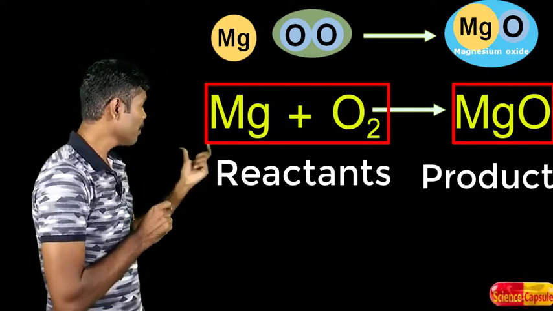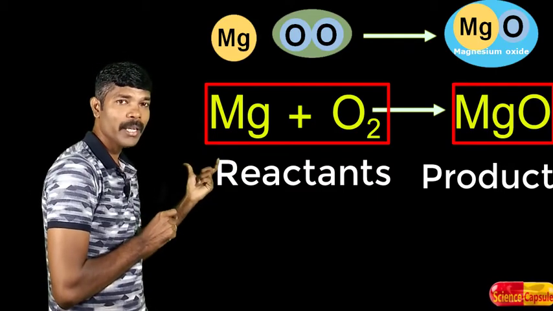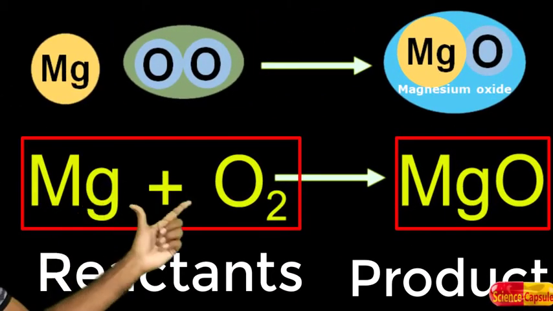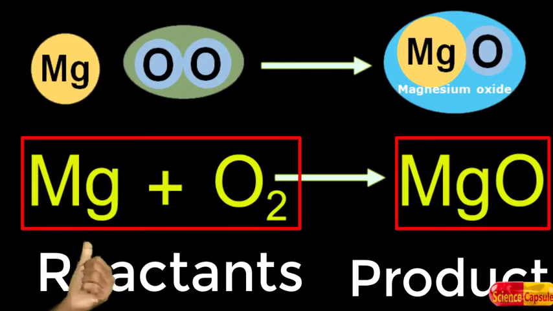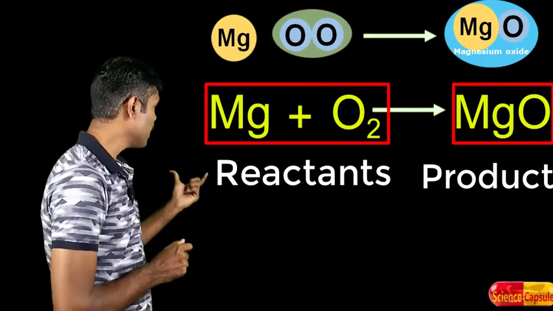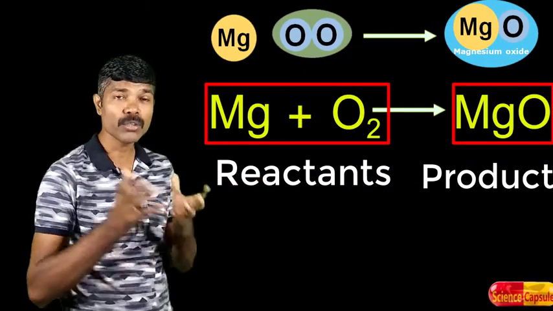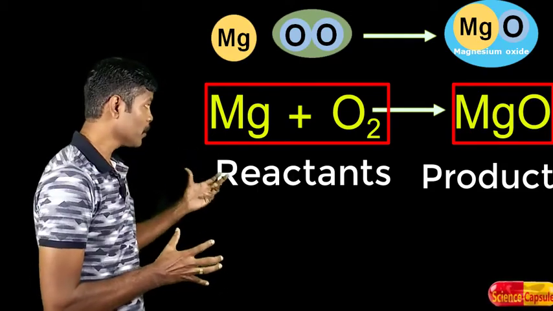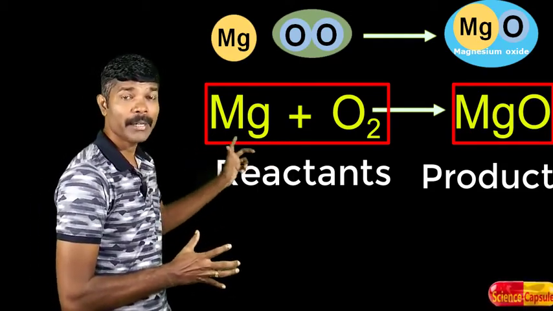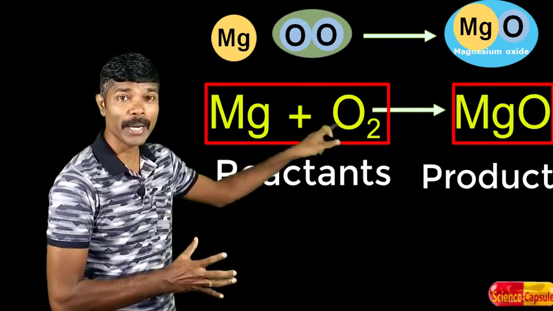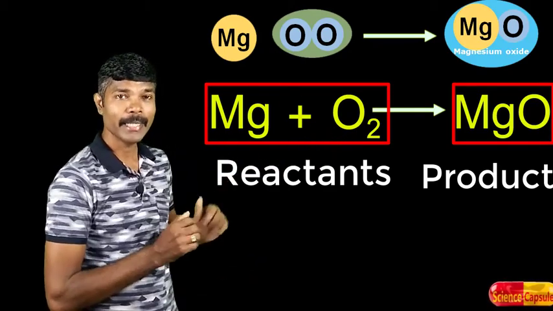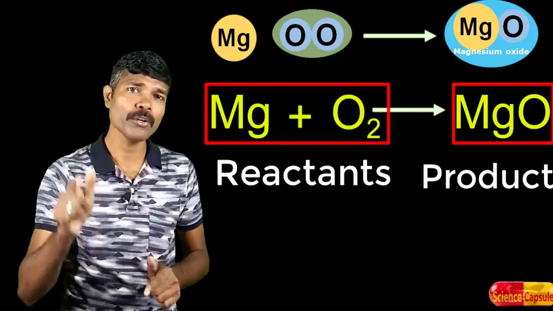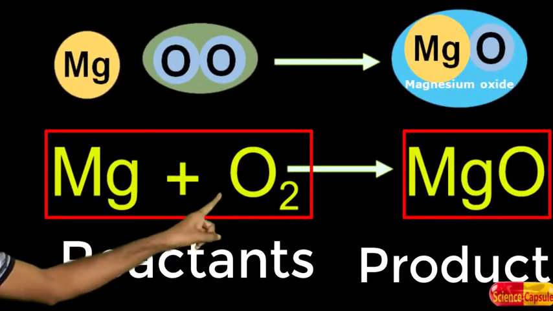Here magnesium and oxygen are reacting together and a product is formed on the other side. In this chemical equation, you can see that magnesium and oxygen are the two constituents undergoing chemical change. As a result of this, the arrow shows that the reactants react together and the product is formed on that side. That means the direction of formation of product is on the other side.